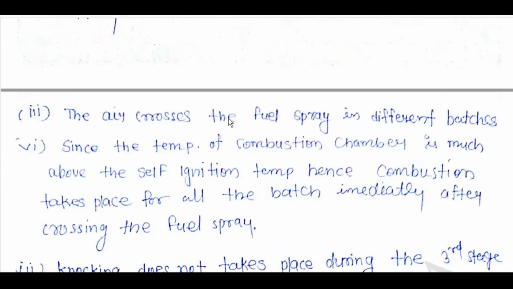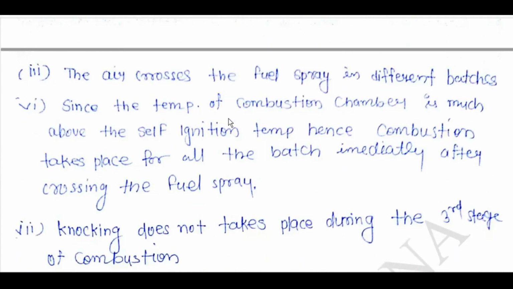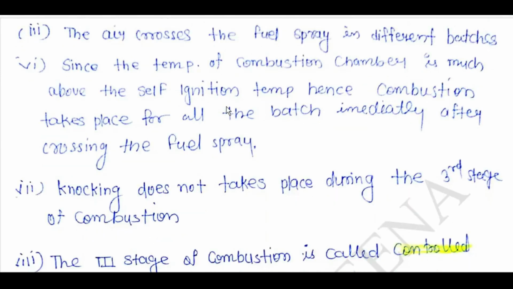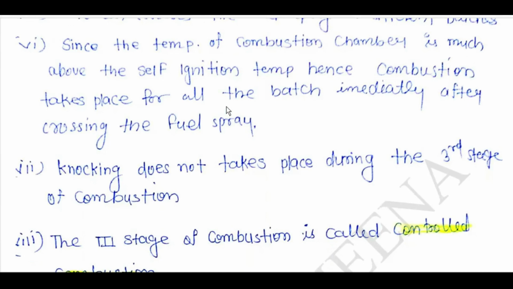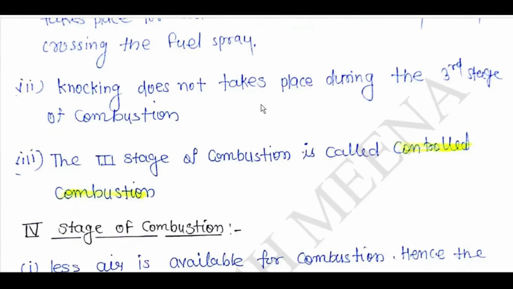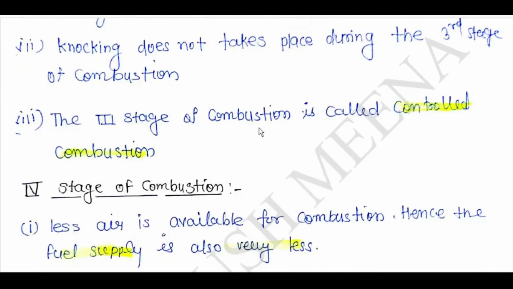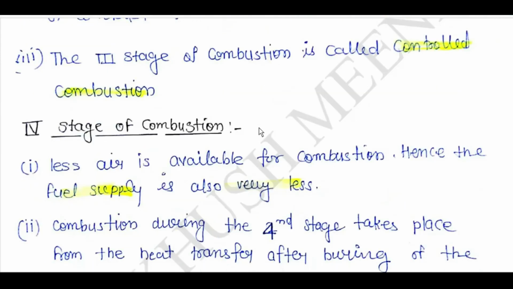The air crosses the fuel spray in different batches. Since the temperature of the combustion chamber is much above the self-ignition temperature, combustion takes place for all batches immediately after crossing the fuel spray. Knocking does not take place during the third stage. The third stage of combustion is called controlled combustion.